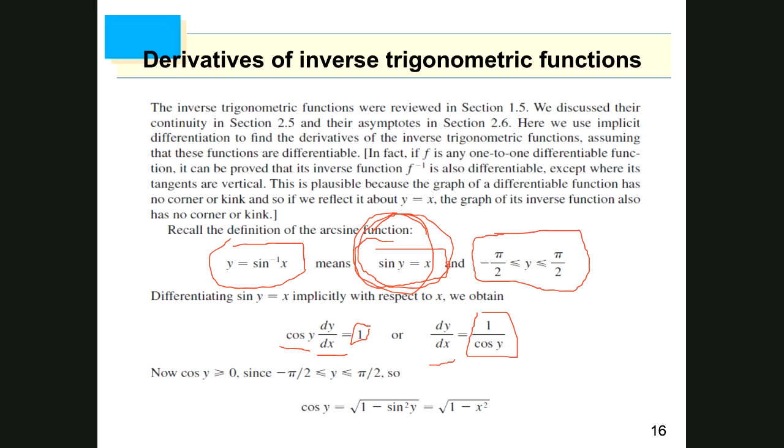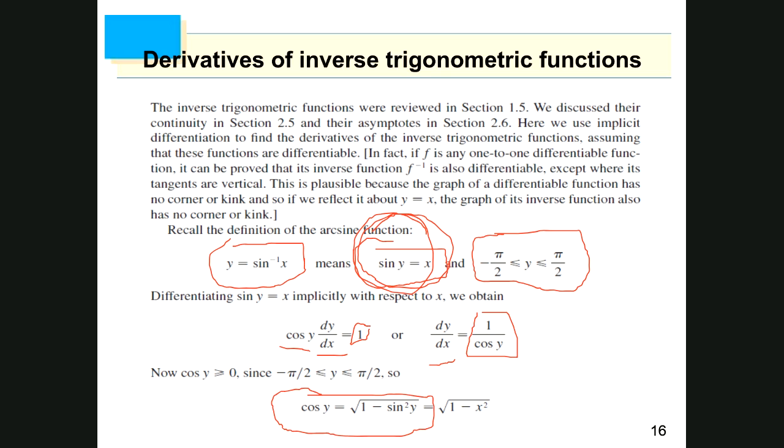But you're not done yet. Remember, there's an identity that says cos squared y plus sine squared y is equal to 1. I'm sure everyone is familiar with that identity. And if you make cos y the subject from that identity, you end up with square root of 1 minus sine squared y.